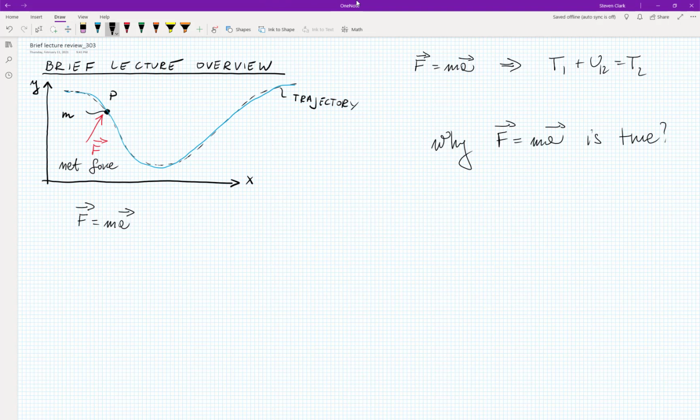Anybody want to join discussion? Yeah, Jayden? I understand, yeah. This is one answer, and what you basically did, you read that equation for us. Do you see? You didn't tell us why this is true.